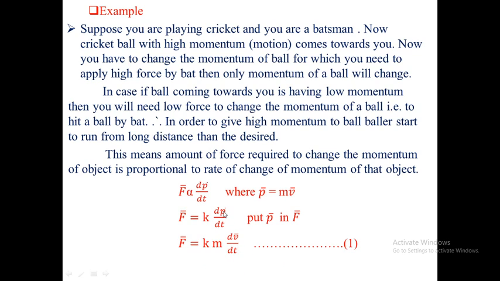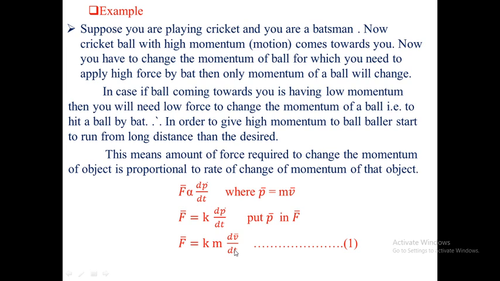Now see, if I put the value of p bar over here, p bar is what? m into v bar. Now the mass of the object will remain constant, and only velocity is changing. So I can take the mass outside the derivative. So F bar will become k m dv bar upon dt.